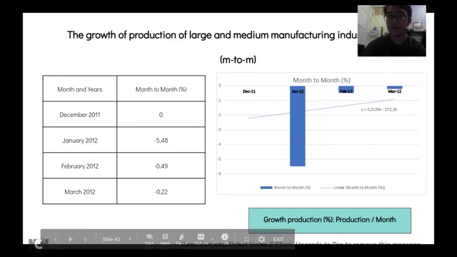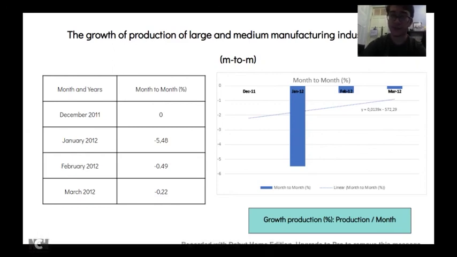But after January 2012, there is an increase again to recover the loss. The increase from January 2012 to February 2012 is 4.99%, and from February to March, the increase is about 0.27%.